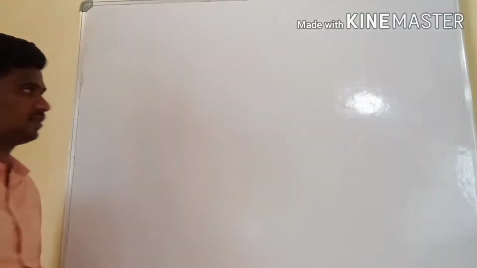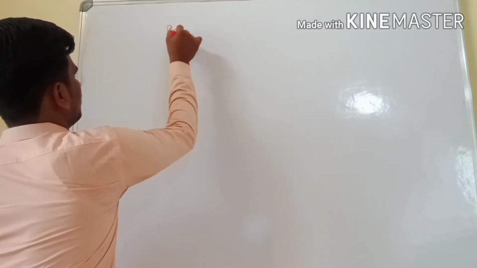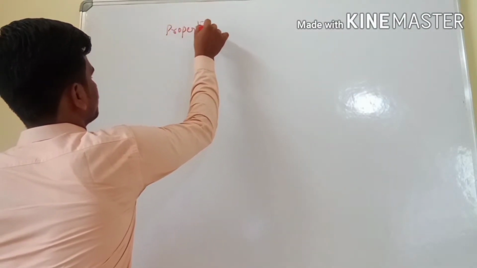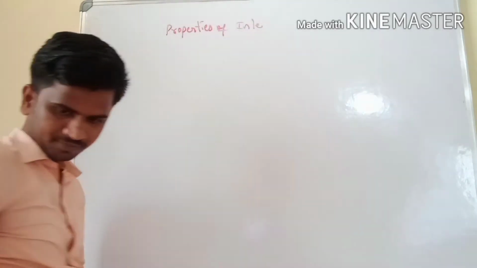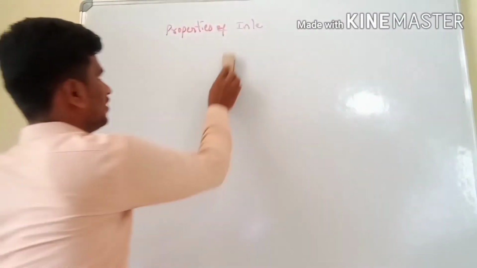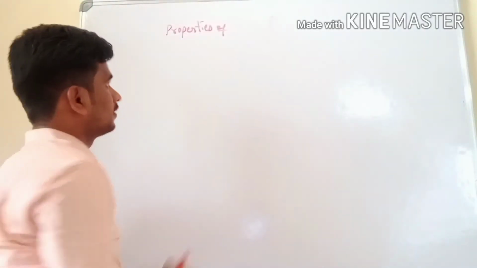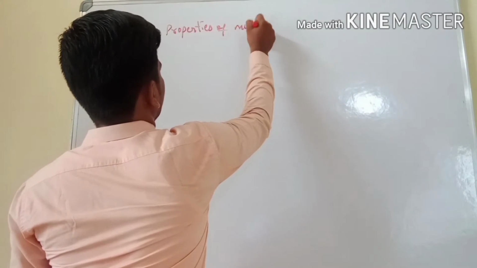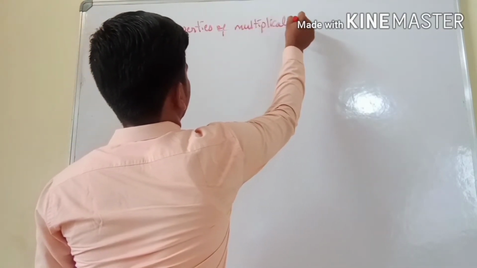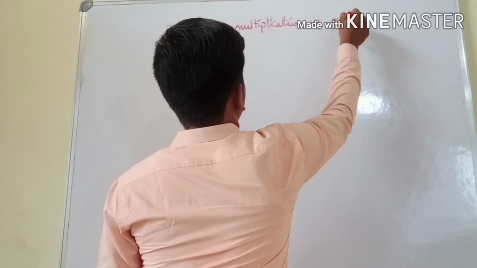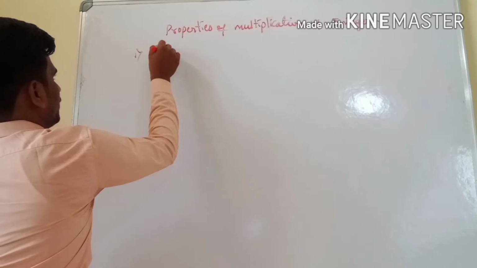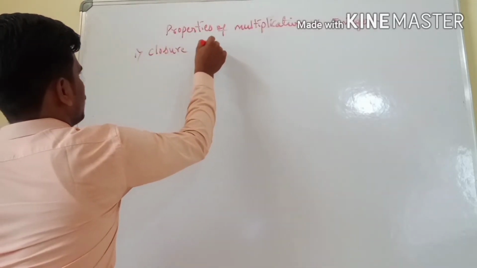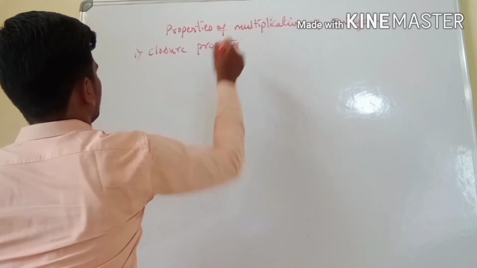Now we are going to discuss them with respect to multiplication, that is, properties of multiplication of integers. In that, first we will discuss the closure property.